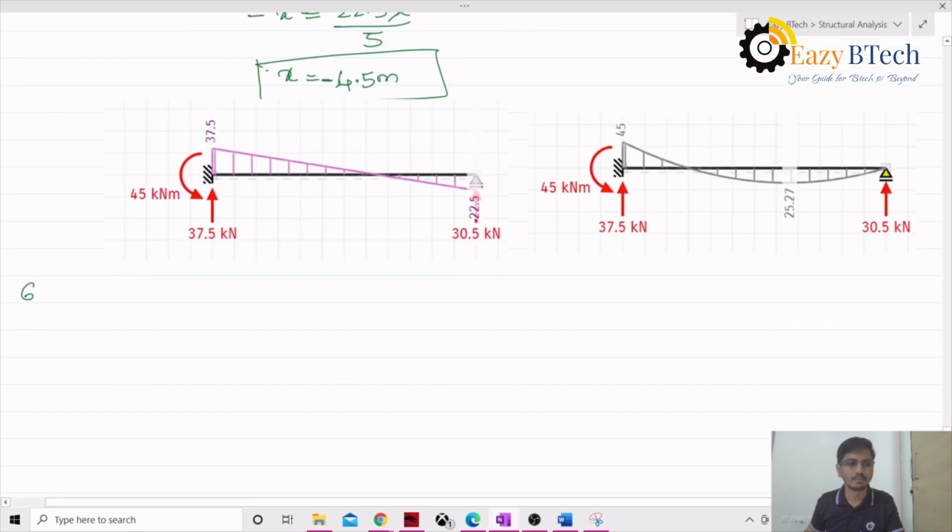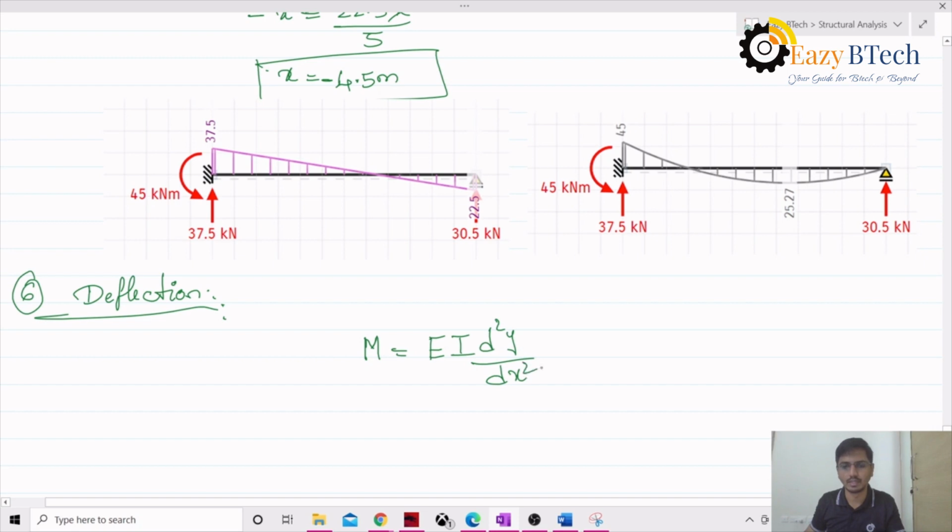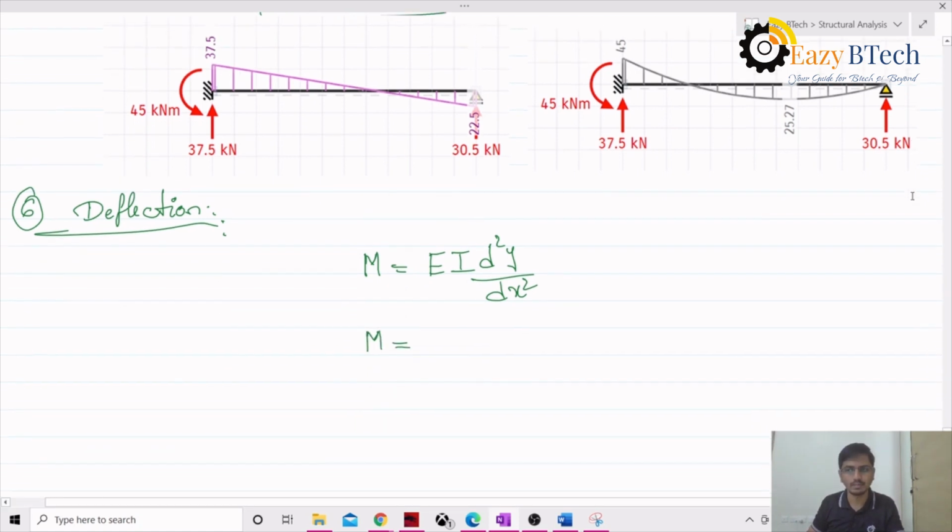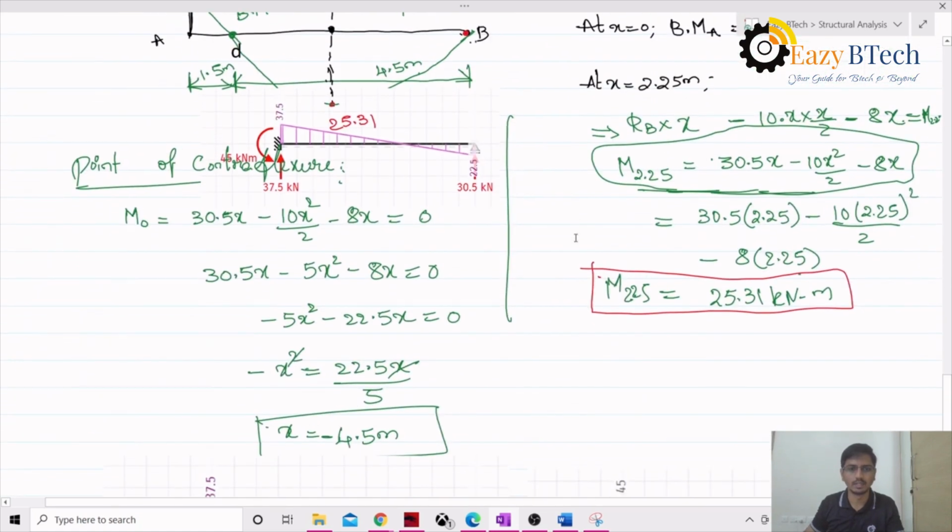So this is the sixth step in the analysis, finding the deflection. We already know that moment is nothing but EI d square y by dx square. This is the moment equation, and here we have also developed this moment equation.